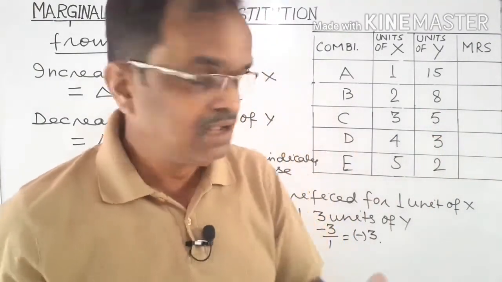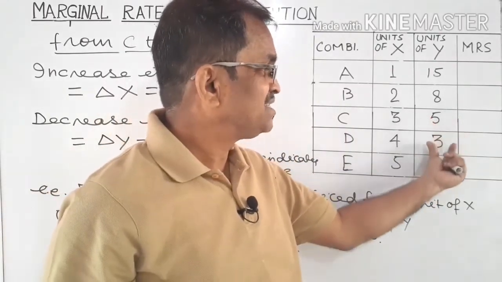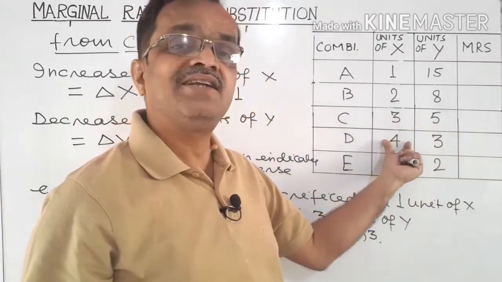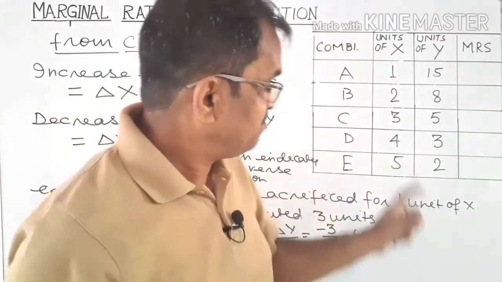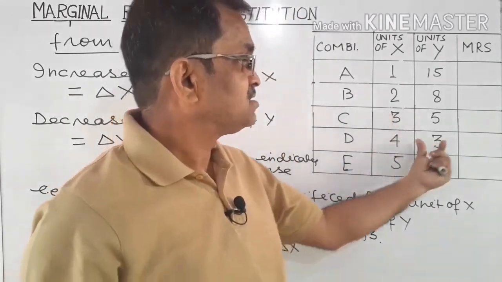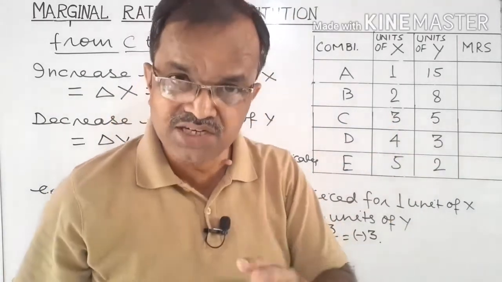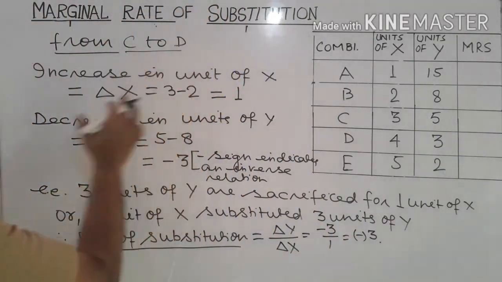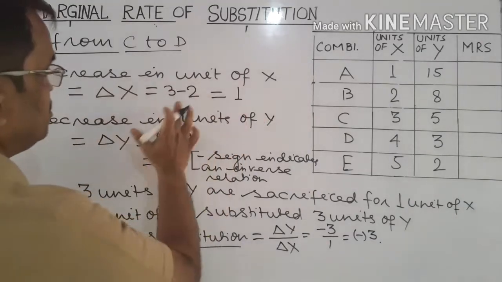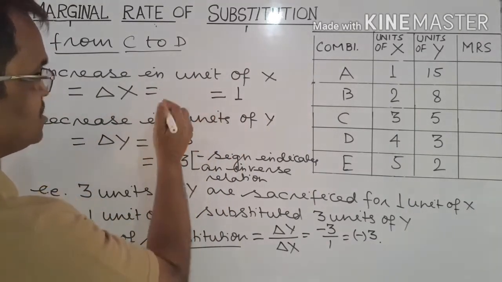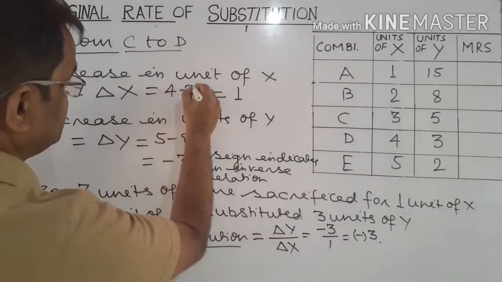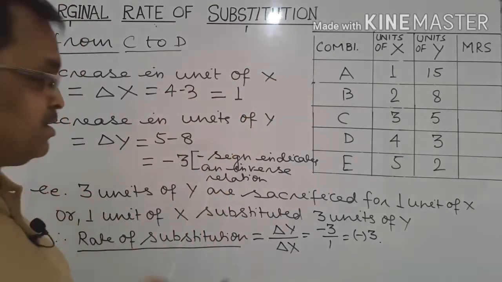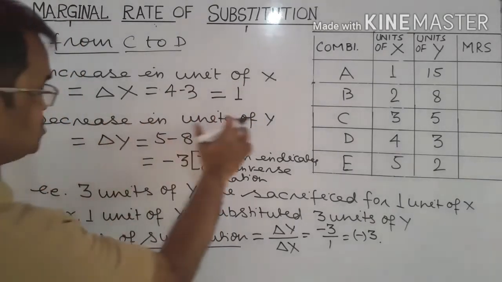2 units. But the 2 units of y are sacrificed for this one additional unit of x, means 1 unit of x substituted 2 units of commodity y. So when the consumer shifts from C to D, what is the increase in units of commodity x? That is 4 minus 3, that is again equal to 1. And what is the decrease in units of y?